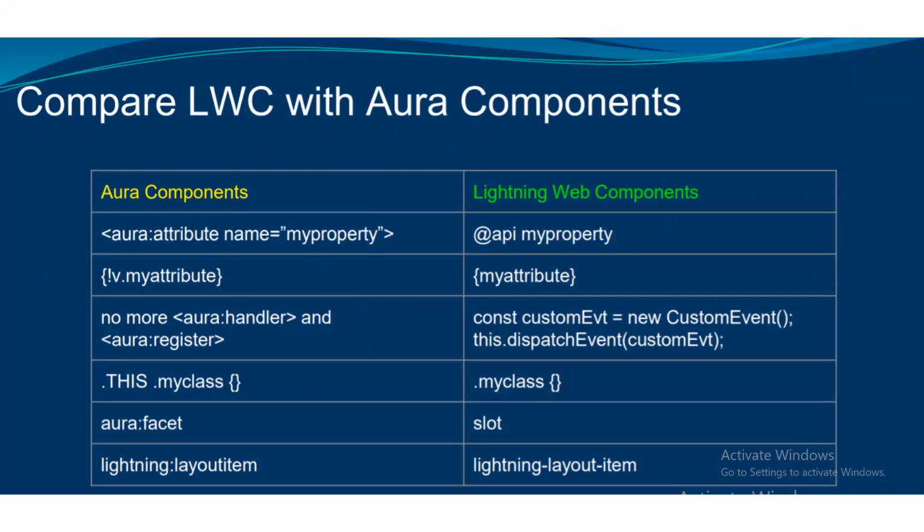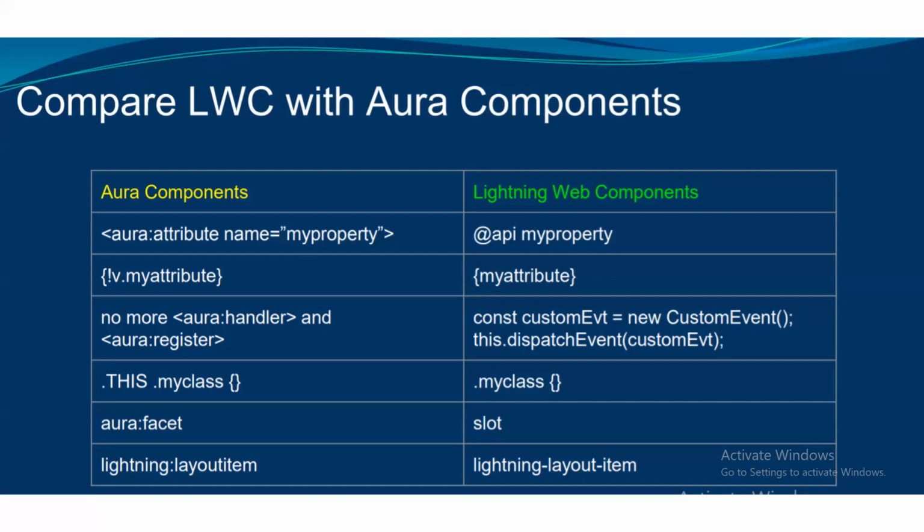As I told, there is a difference between track and API. Track makes our property reactive, but at the same time it makes our property private only. Whereas if we want to make our property public, in that case we can use @api.